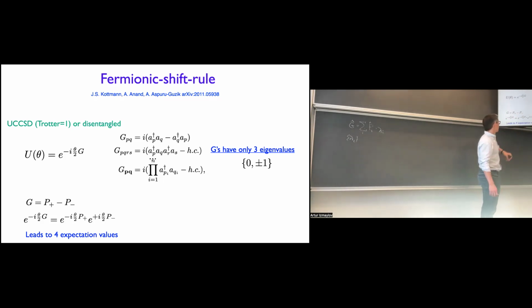So instead of one exponent you get projectors, they commute. So you can get two exponents. And then for each, you could potentially use the shift rule. And that allows you to get the expression for the gradients as 4 expectation values.